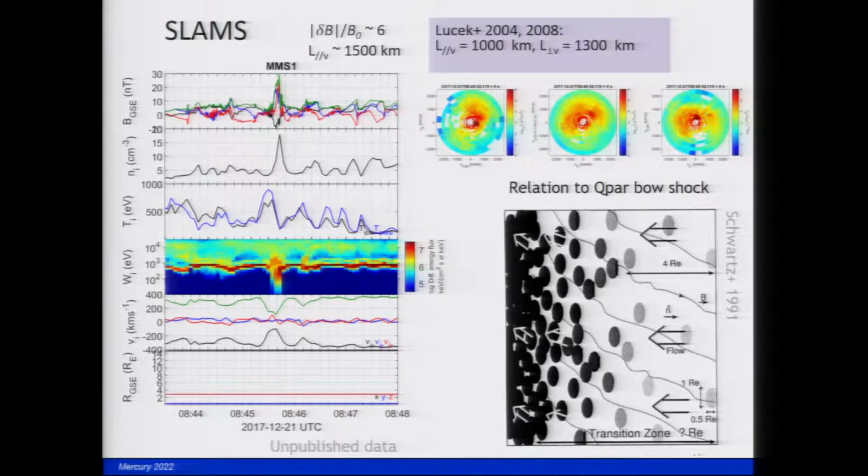And here you can see a measurement from the upstream solar wind, where you have these ULF oscillations, which also create a high energy background of ions. And you can see the SLAMS actually disturb and disrupt the solar wind beam here even further.